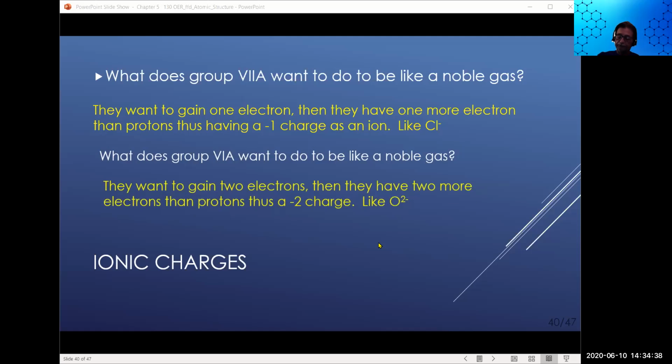Group 6 is going to pick up 2 electrons and have a -2 charge. Oxygen, for example, is in group 6. When it picks up 2 electrons, it becomes O -2. Its name gets changed from oxygen to oxide. Chlorine, when it gains an electron, changes its name from chlorine to chloride.